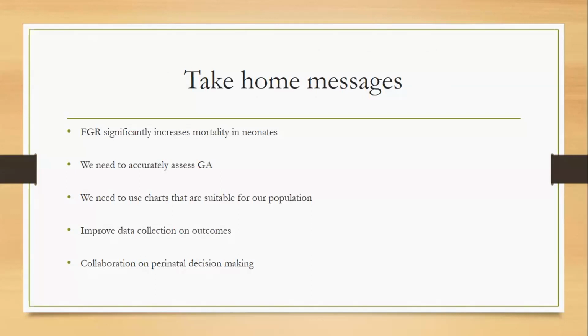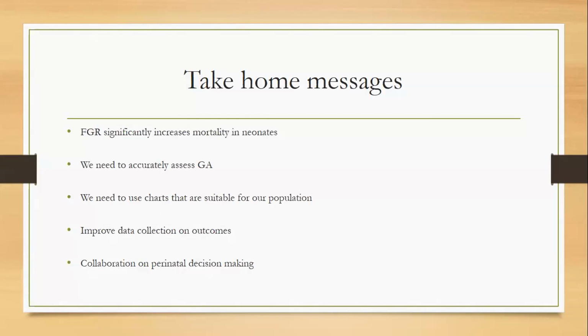And then we need to use charts that are suitable for our population. I talked about the intergrowth charts. And then we need to improve data collection on our outcomes. Sad to say, we at Sally Mugabe Hospital have the NeoTree, which collects data on outcomes of neonates, but at the moment we don't have any data that is specific for small for gestational age.